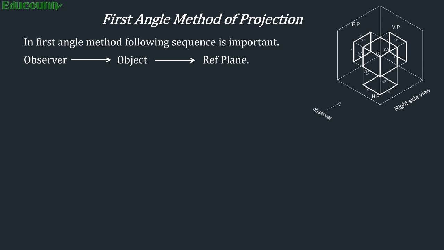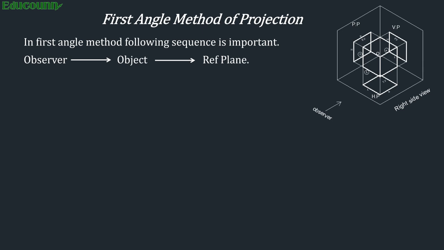If you consider the front view, the observer's position is indicated by the arrow shown there. So, always in the first angle method of projection, the observer comes first, followed by the object. The object shown here is a cube, exactly placed in that quadrant. So, observer followed by object and last, the reference plane. The reference plane here is VP, the vertical plane.